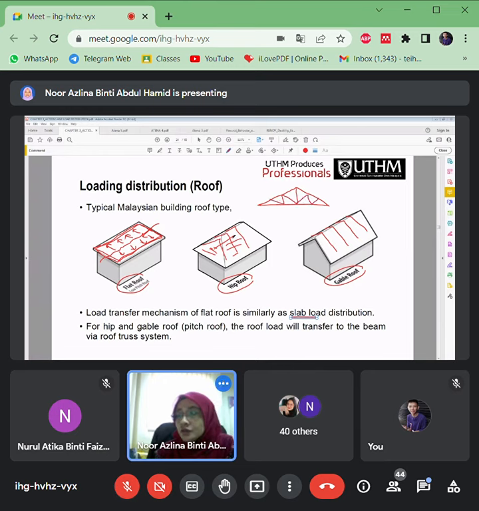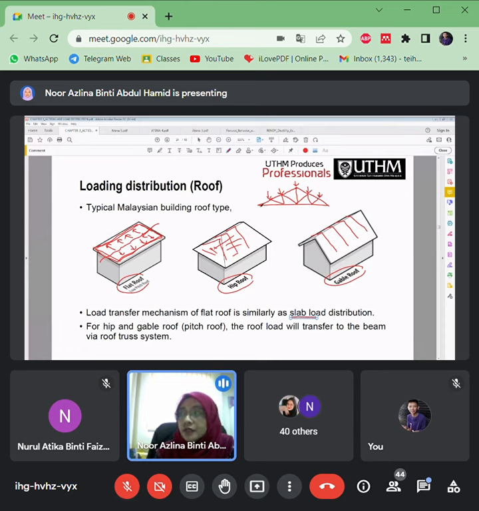Whereas the roof system here, for example the metal decks, the purlin battens, or any services, will be treated as a point load, normally exactly at the point of this truss member.